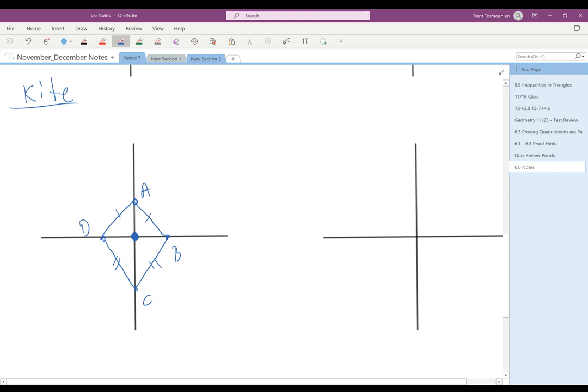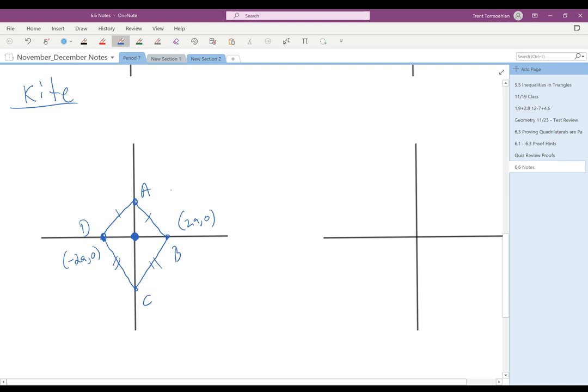And so that's one of the really nice things: here, if I let this point be (2a, 0), then the point over here is going to be (negative 2a, 0), because AC bisects DB in a kite. We know that, and we've shown that in a kite, the vertex diagonal bisects that base diagonal.